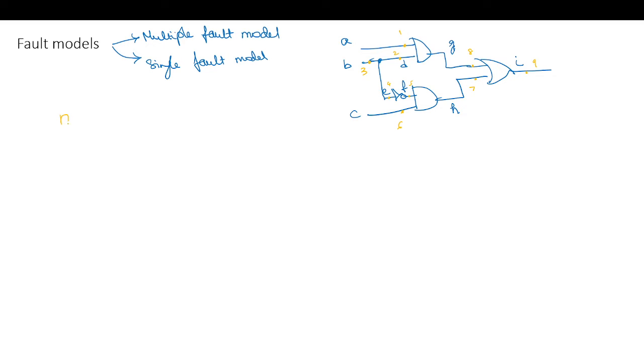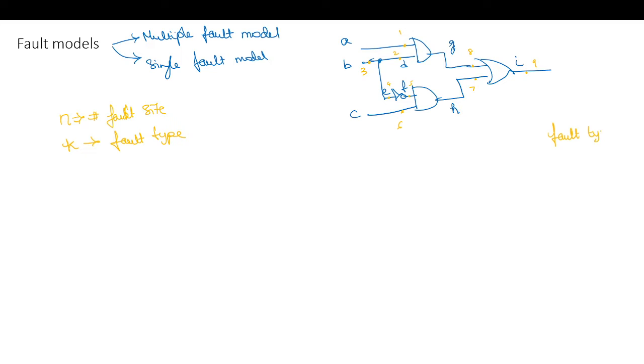If we take n as the number of fault sites, where a fault site is a location, like a node in the circuit, which has the probability of having a fault, and we consider k as the number of fault types.